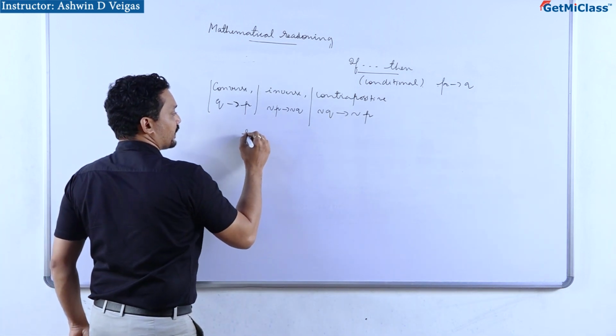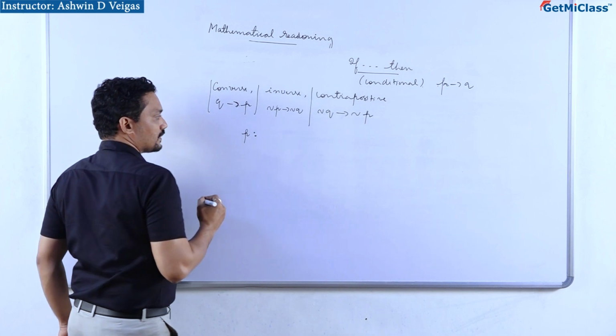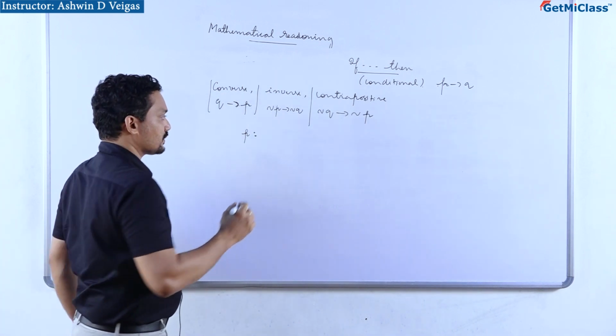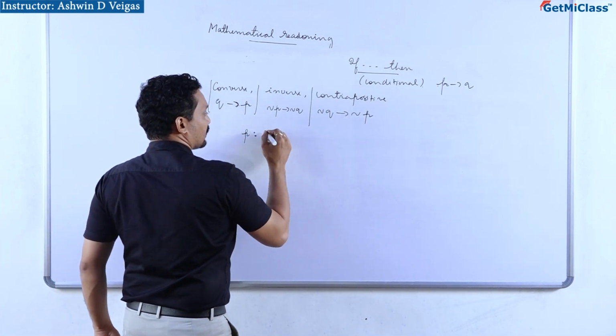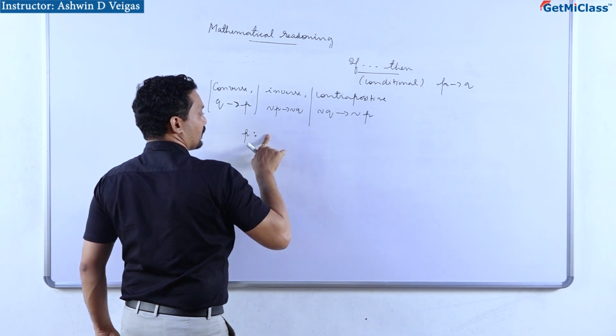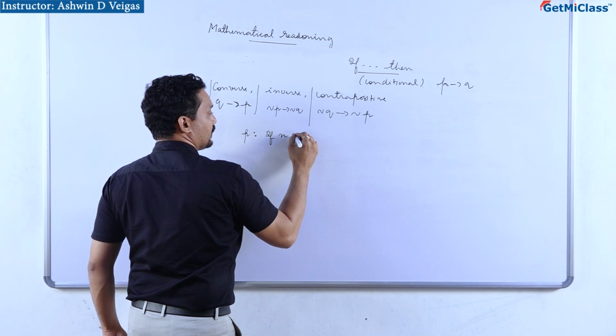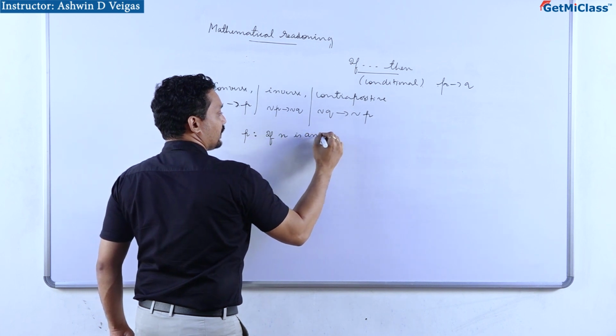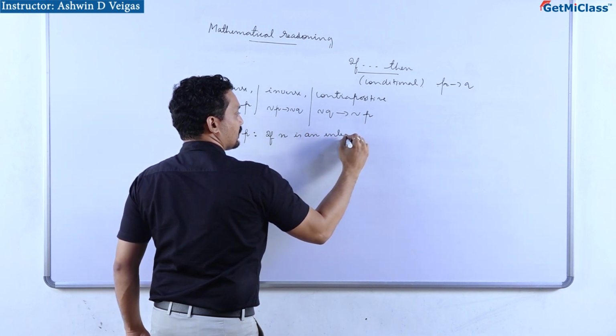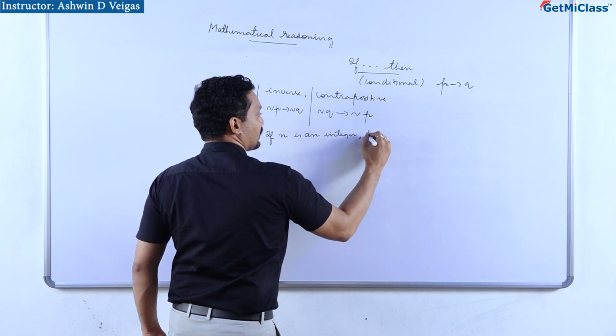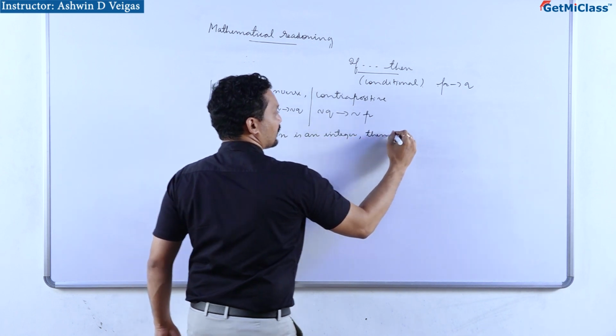So, we can take some simple example to understand this. Let us say the statement is: if n is an integer, then n is rational.